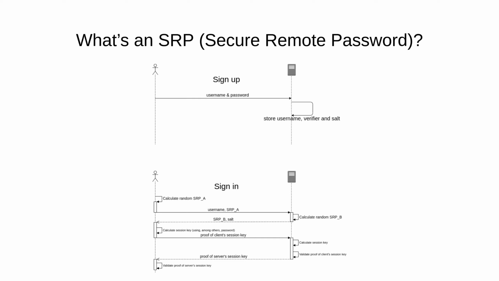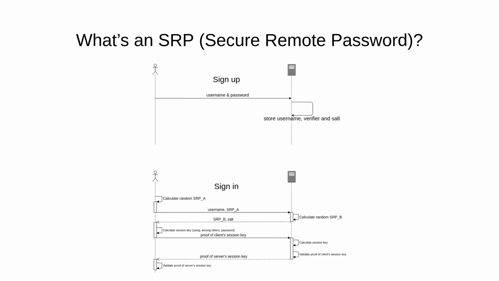What the server does, it calculates yet another random value called SRP B from the username and the SRP A that we sent to it, and sends back to us this calculated random SRP B and the salt that it previously stored for our user.